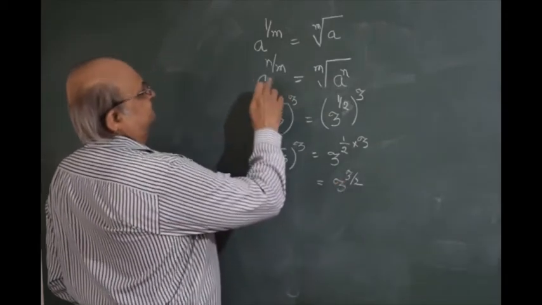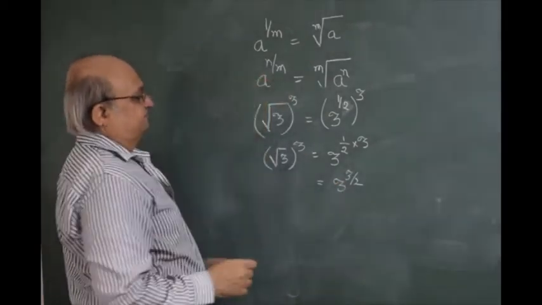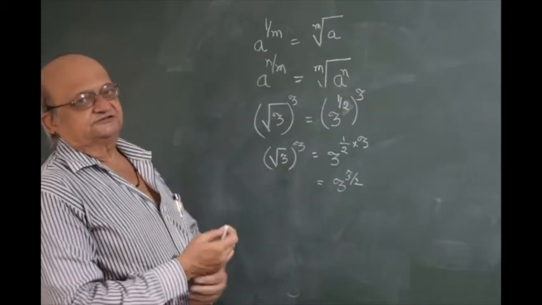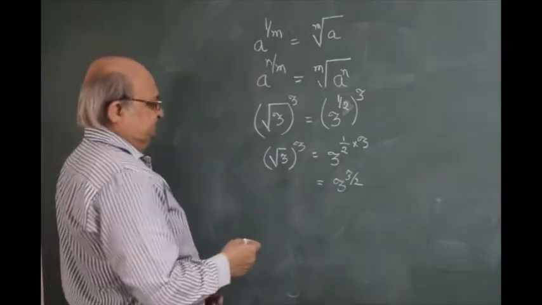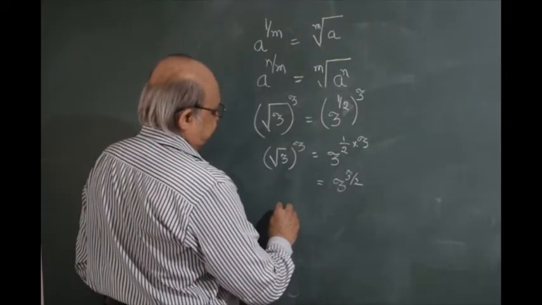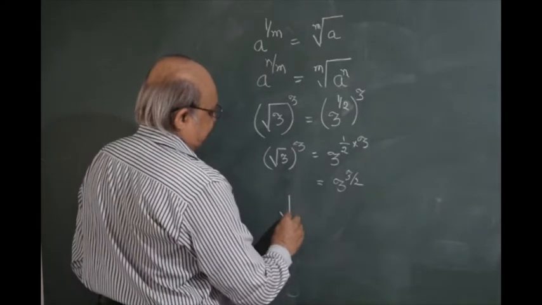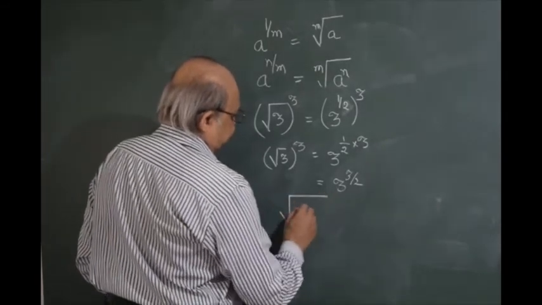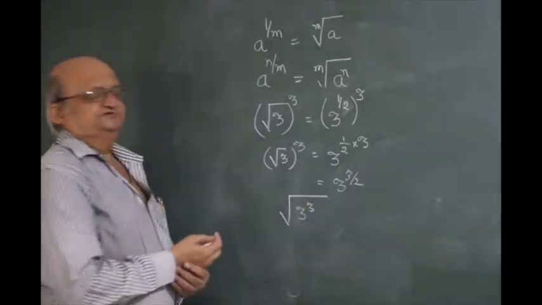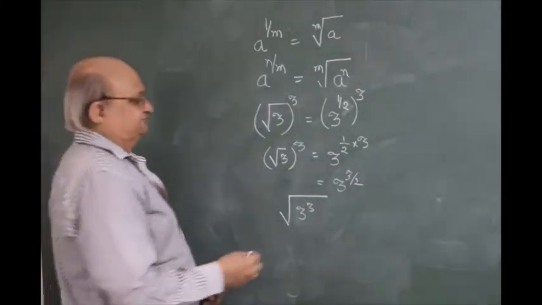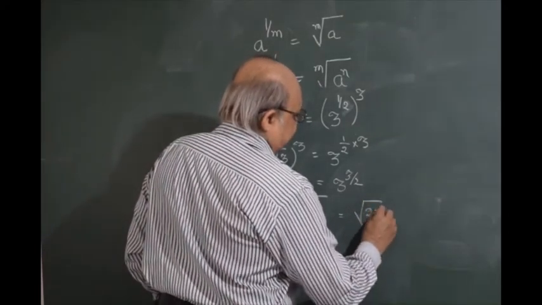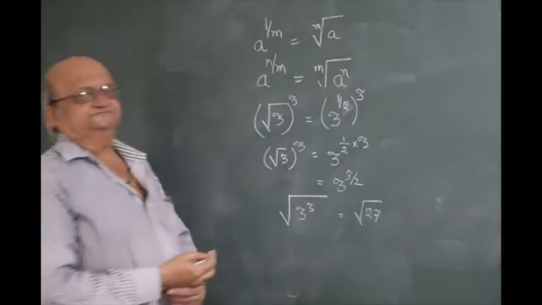And therefore we get this form. Now what will be the actual answer of this? Let us do it. It will be square root of 3 raised to 3, which will be square root of 27.